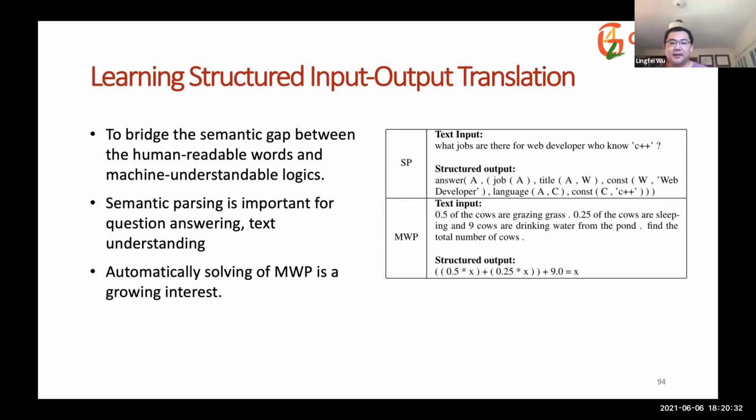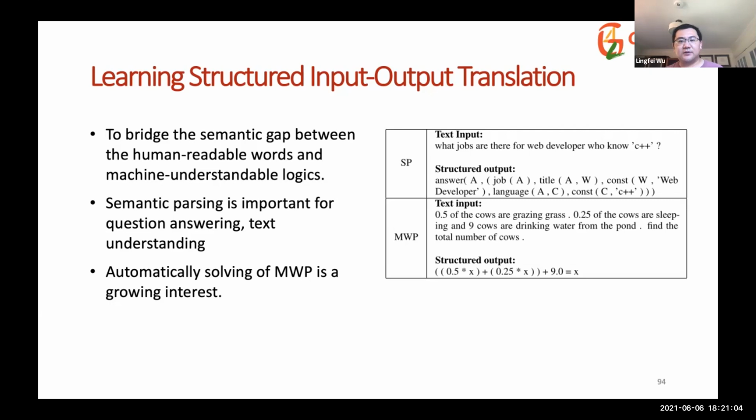Similarly, we can see this in a slowly growing application called math word problems. The input is essentially a short description mixing numbers and words, and the student is required to understand it and then write an equation to solve the problem. This math equation is definitely not a simple sequence; there is a structure behind these equations.